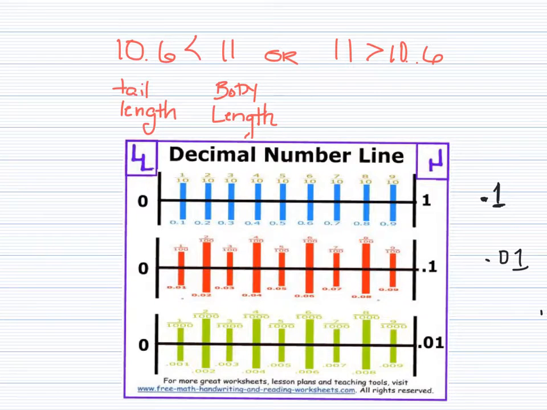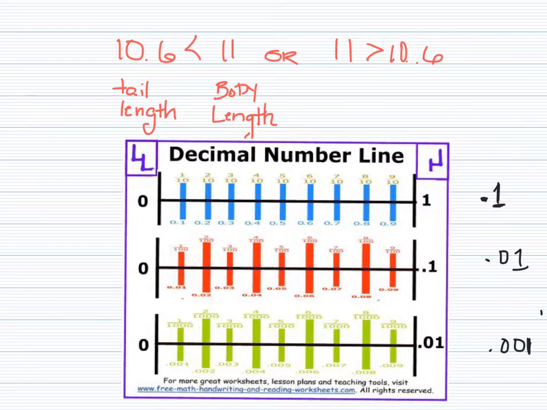Okay, and then in the very last row, you have 0.001. Oh, the 1 didn't show up. What's wrong here? Why won't it show my 1? There it is.